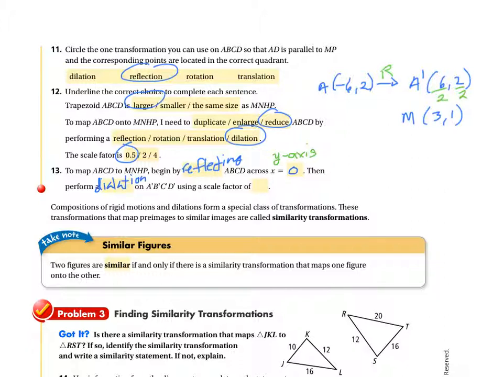On A prime, B prime, C prime, D prime, which is exactly what we just did to this one point here. Using a scale factor of, I don't like to use 0.5, I like to think of it as 1/2. So that's going to be really hard for you to figure out. That's going to be your tough problems tonight.